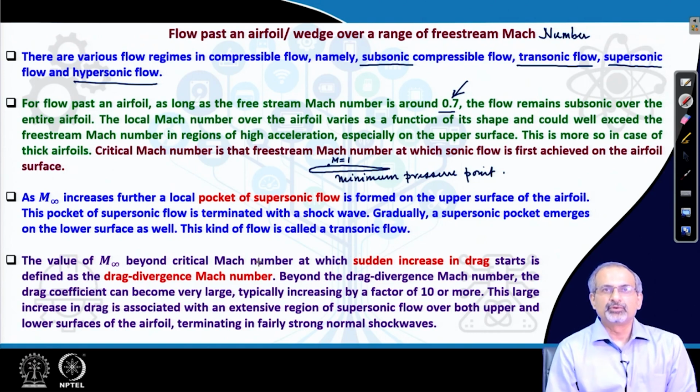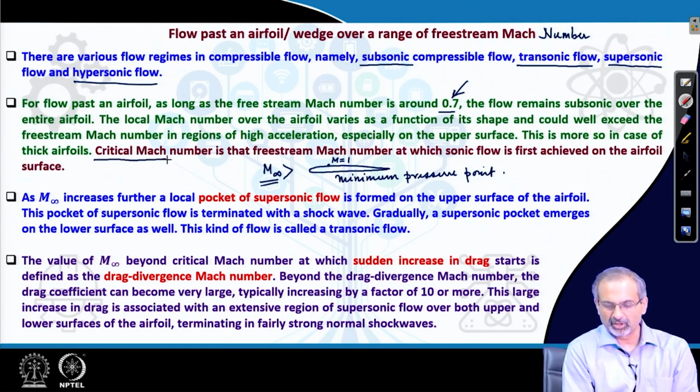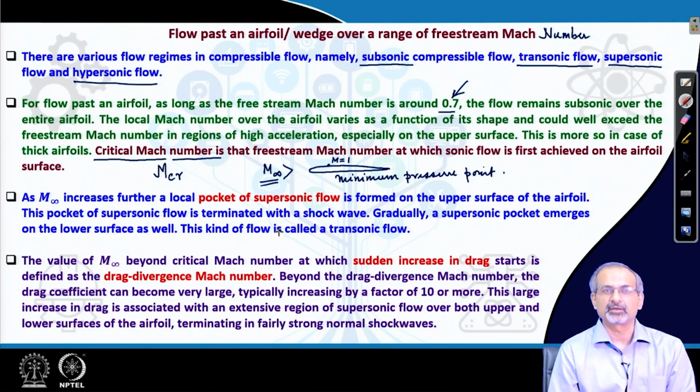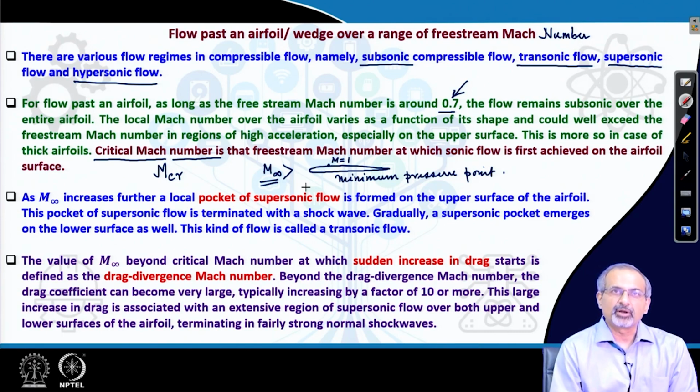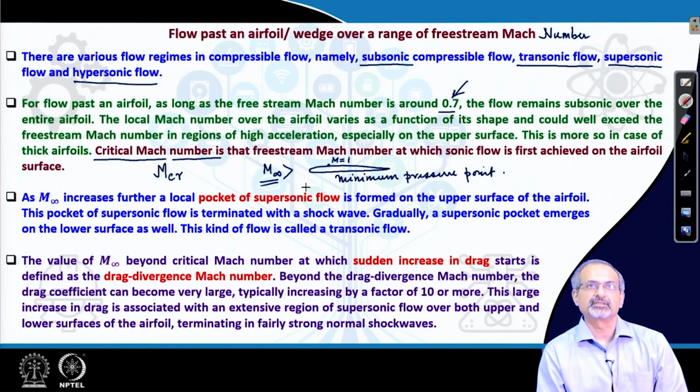All right. So, if you increase the free stream Mach number further, that means you are going beyond the critical Mach number. Let us mark the critical Mach number as say MCR. So, your Mach number is now increasing beyond the critical Mach number. What will happen is that the Mach 1 condition will not remain confined to a single point. There will be a pocket which will develop over the upper surface first and followed by the lower surface as well.